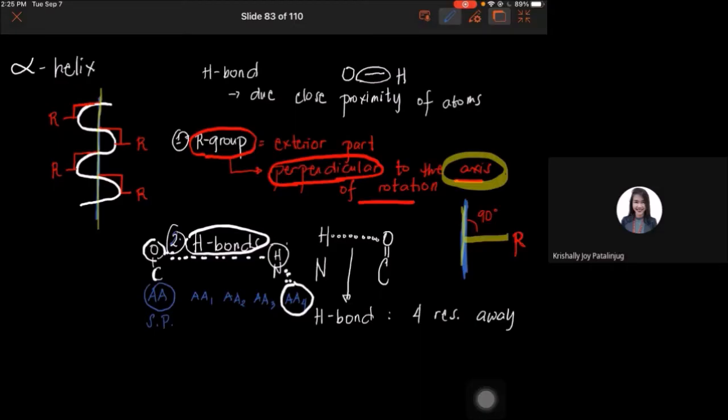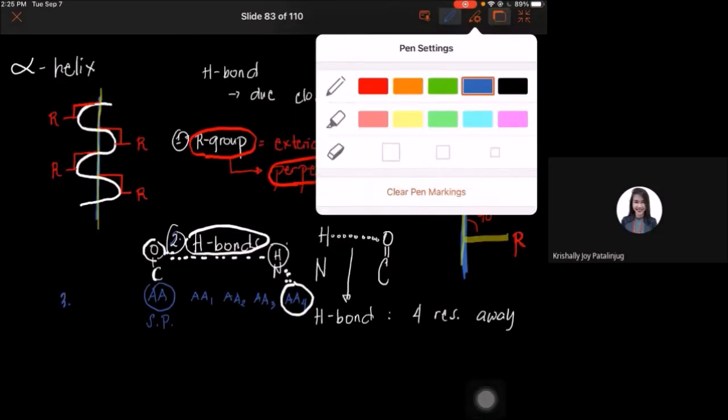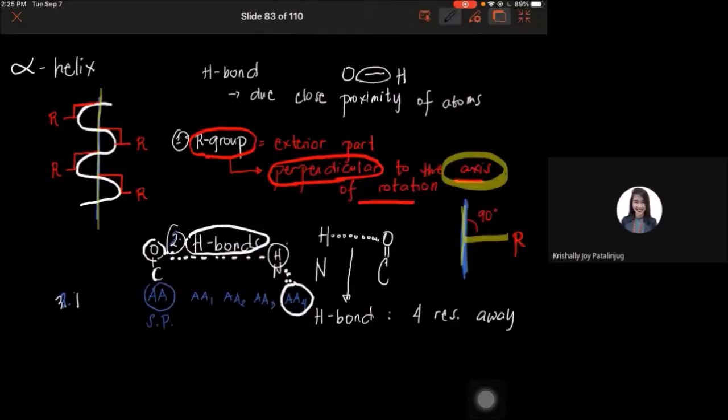Okay, next. Another characteristics na kailangan nyong malaman with regards to alpha helix is yung turning. Okay, so number 3, dire na lang. Turning. So sulat nyo, turning. Okay? So, ito naman yung number of turns. Okay? Yung number of turns, yung number ng liko. 'Di ba sa alpha helix na yung mga liko? May mga liko. Okay?